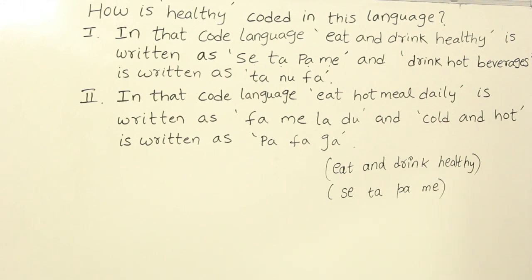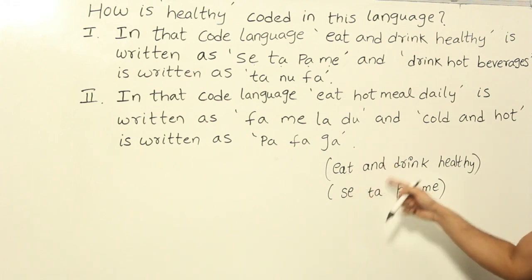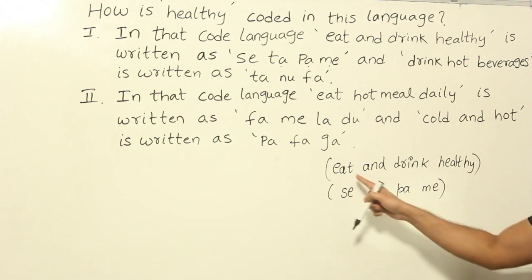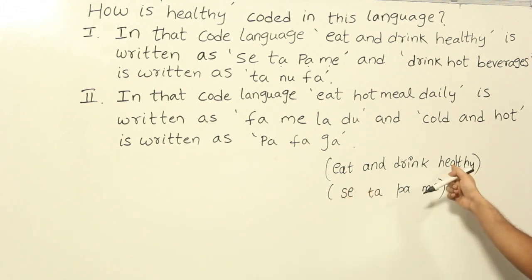But what we don't know is, there are 4 words here and 4 words here, so we don't know the order. Which word corresponds to which word is what we don't know. It doesn't mean that "eat" corresponds to this and "and" corresponds to this. If that were the case, you would directly say that "healthy" is ME, but that is what we don't know. Now we have to find it out.